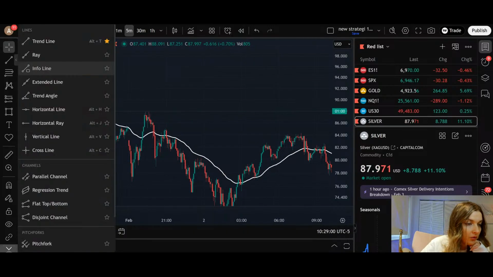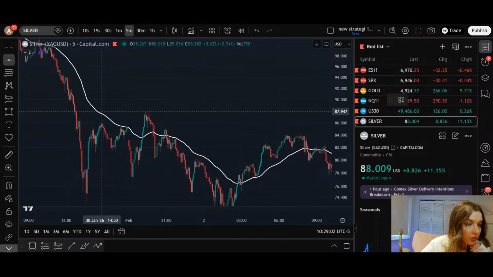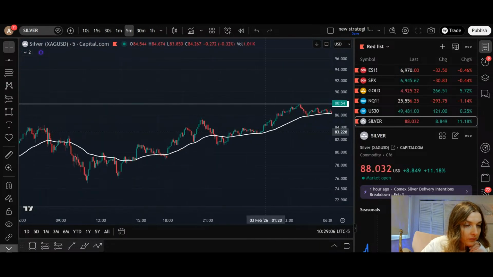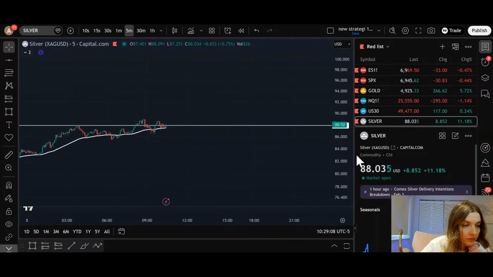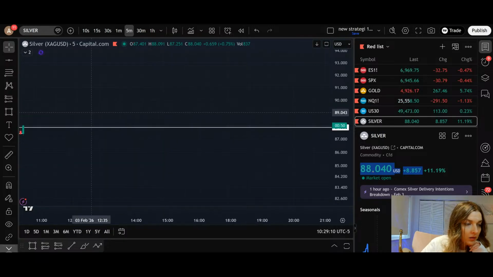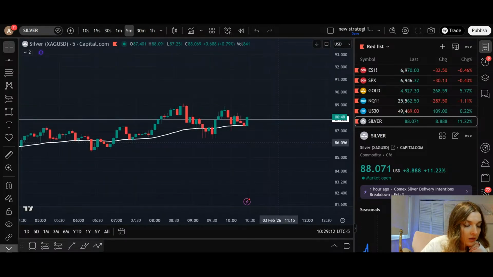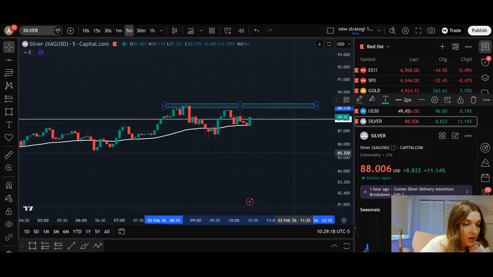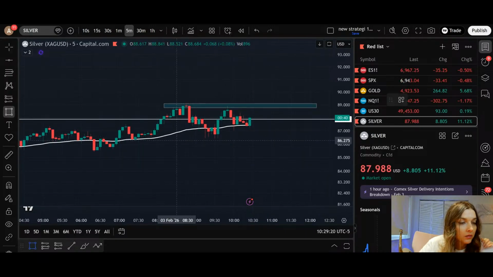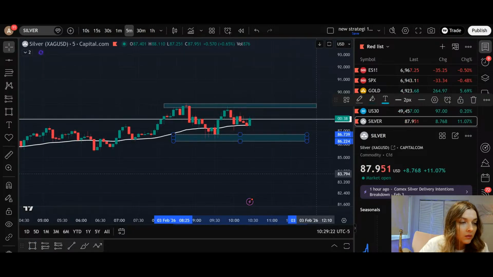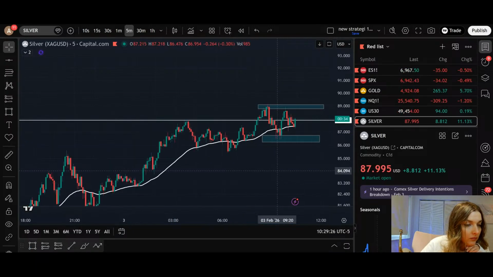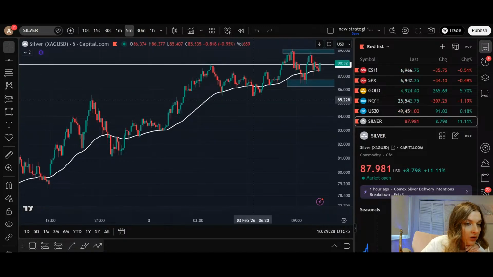This is an area right here that I like to mark because the price is at that area and is consolidating. Okay, right now the price is consolidating on a 5 minutes. Clearly, it's an uptrend.